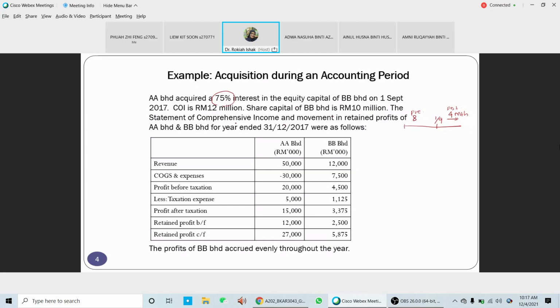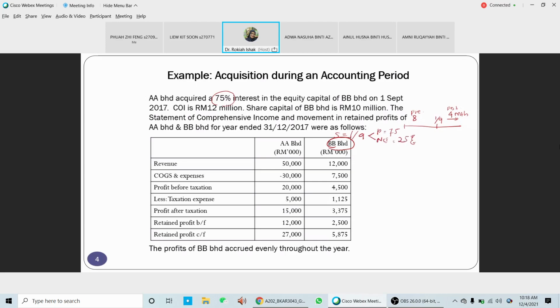This is the statement of comprehensive income on 31st December 2017. So this is what you have for BB. Now your subsidiary here is BB, but BB was acquired on 1st of September. Parents have 75%, so NCI has another 25%.